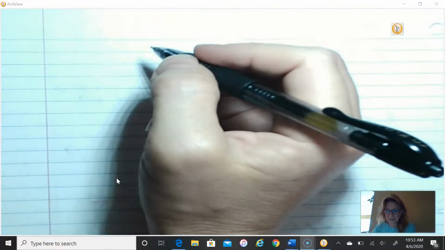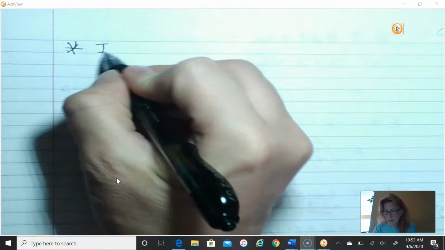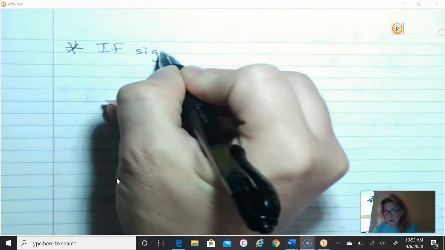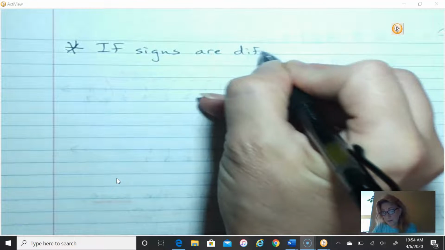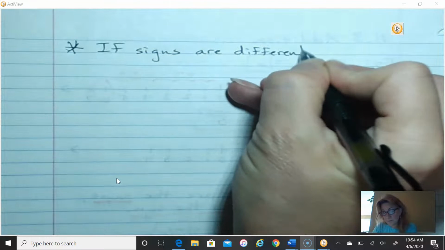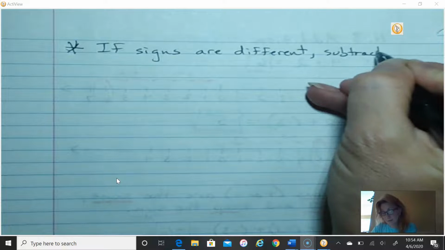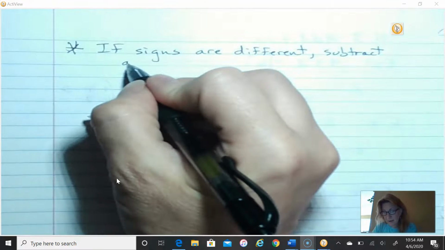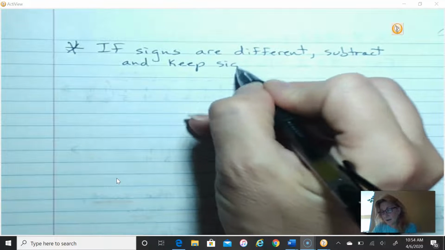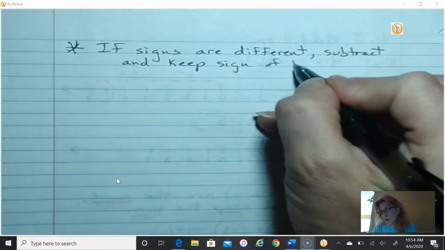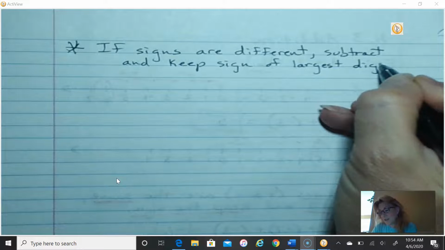Now I'm going to throw something at you. If signs are different, this time you subtract and keep the sign of the largest digit.